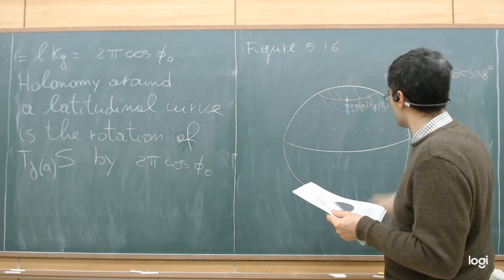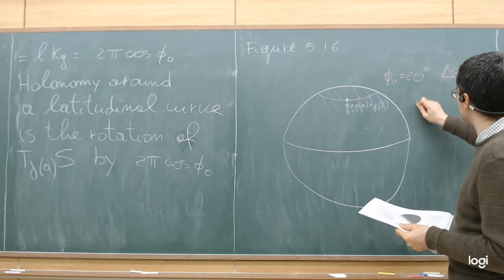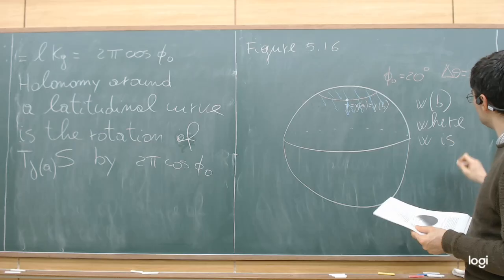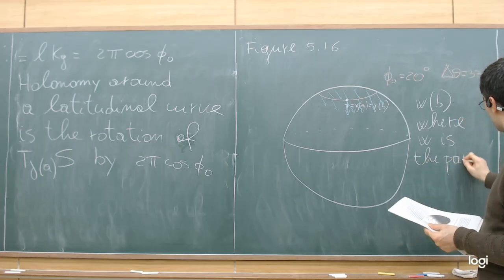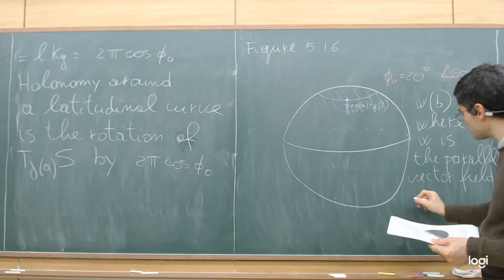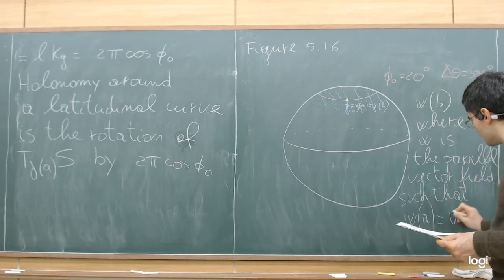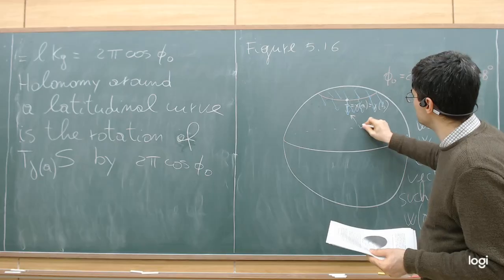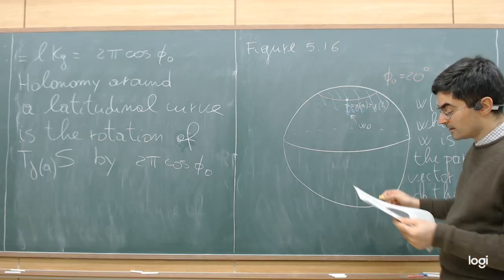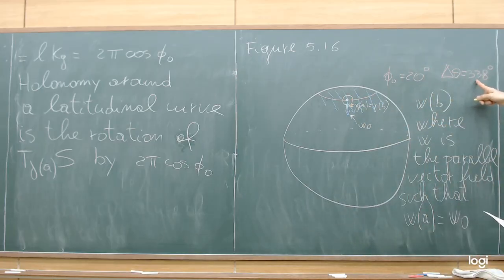After one turn along this curve, you get that the value at B of W, where W is the parallel vector field such that WA is W0, where W0 is this vector here, is rotated with respect to W0 by this angle, which is exactly 338 degrees.